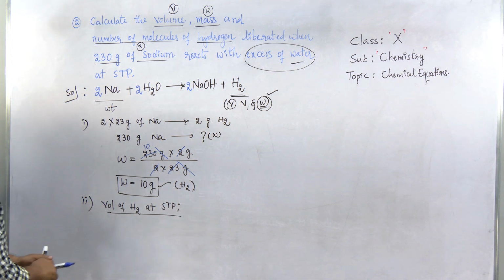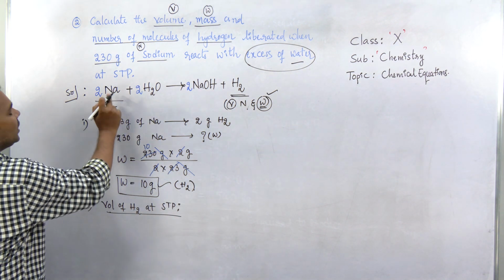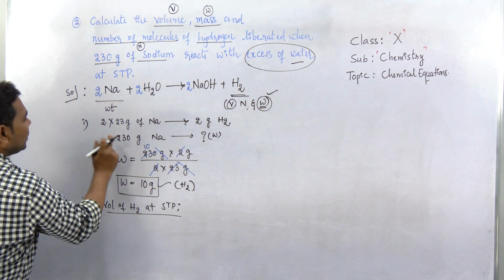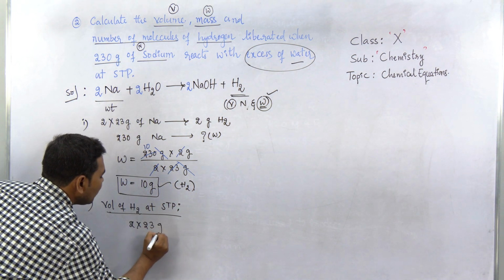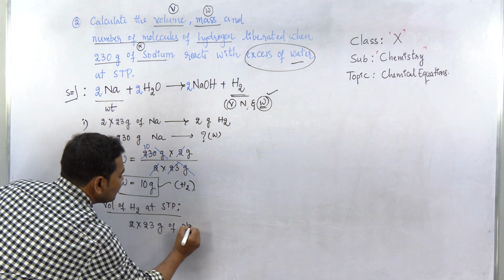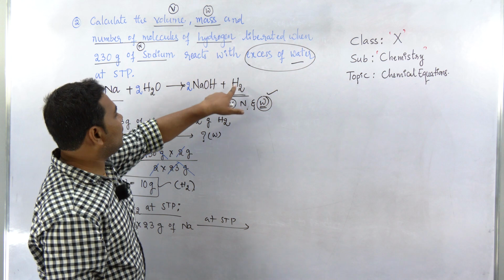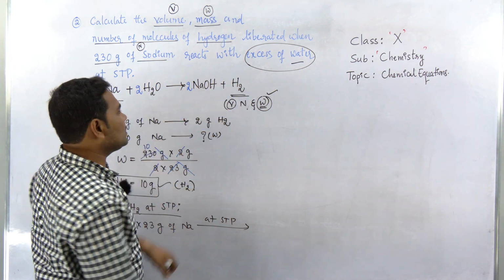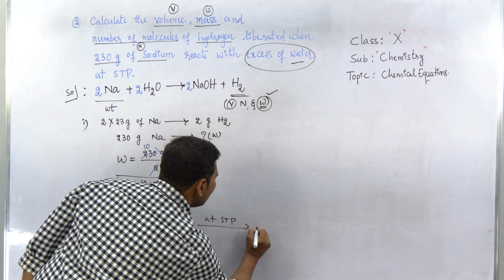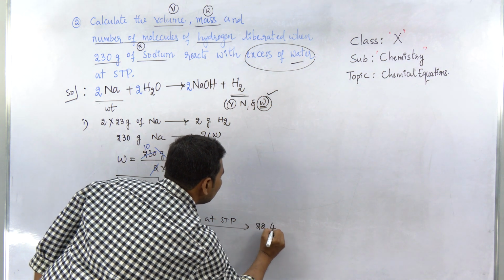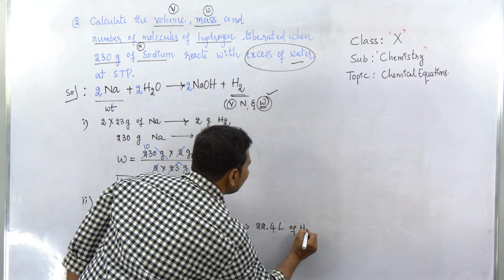From this balanced chemical equation, 2 into sodium means 2 into 23 grams of sodium at STP. What is the coefficient of hydrogen? Only 1, which means 1 mole. 1 mole at STP occupies 22.4 liters of volume of hydrogen.